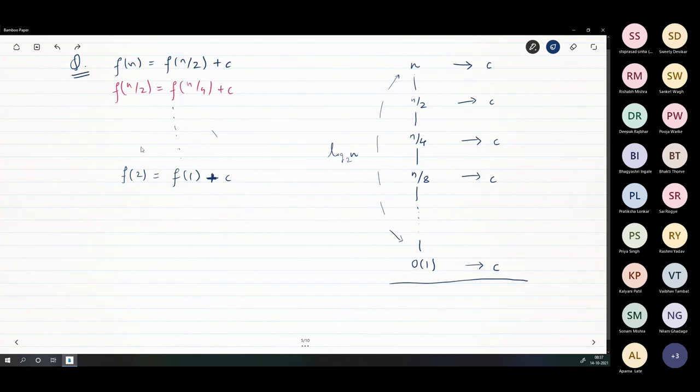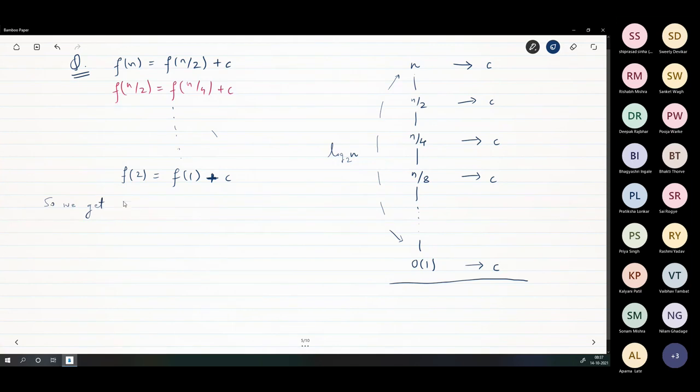So for the total cost, you can just add these equations on both sides. This is like opening the smaller expressions.